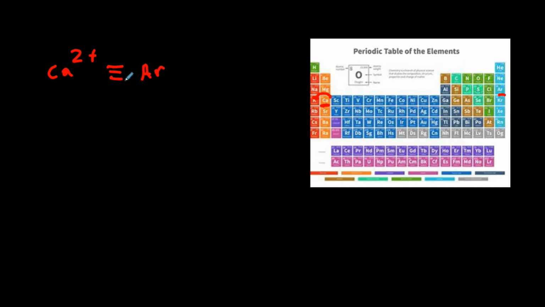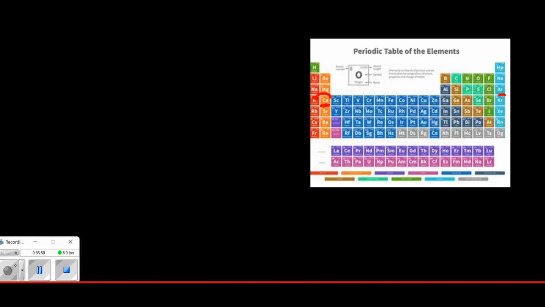Now, let's get into our last section, magnetism. To determine whether an atom is paramagnetic or diamagnetic, we have to look at the orbital diagram. For paramagnetic atoms, we'll have unpaired electrons.